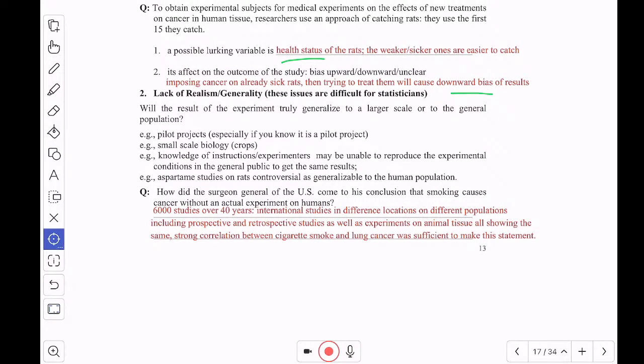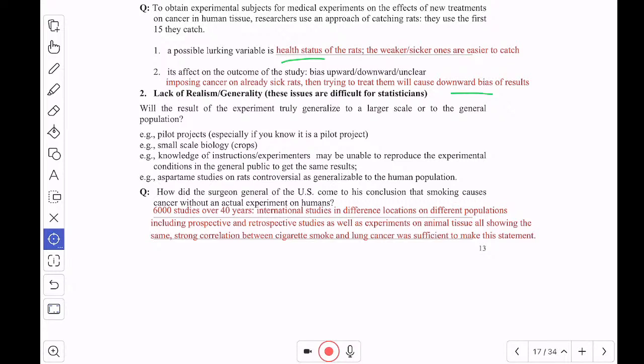Yet, in the case of the Surgeon General concluding that smoking causes cancer, there was no actual experiment with humans conducted. So what made it possible for the office of the Surgeon General to be able to say that smoking causes cancer without an experiment?